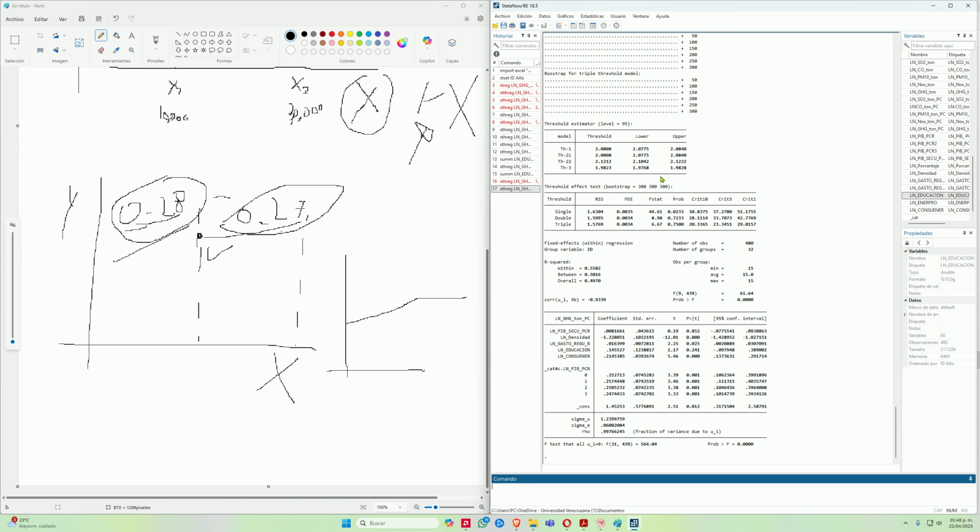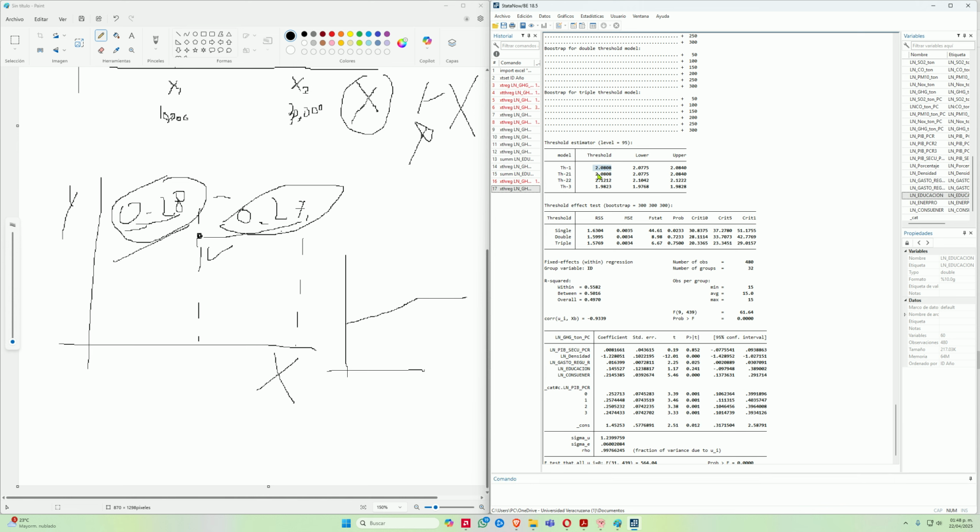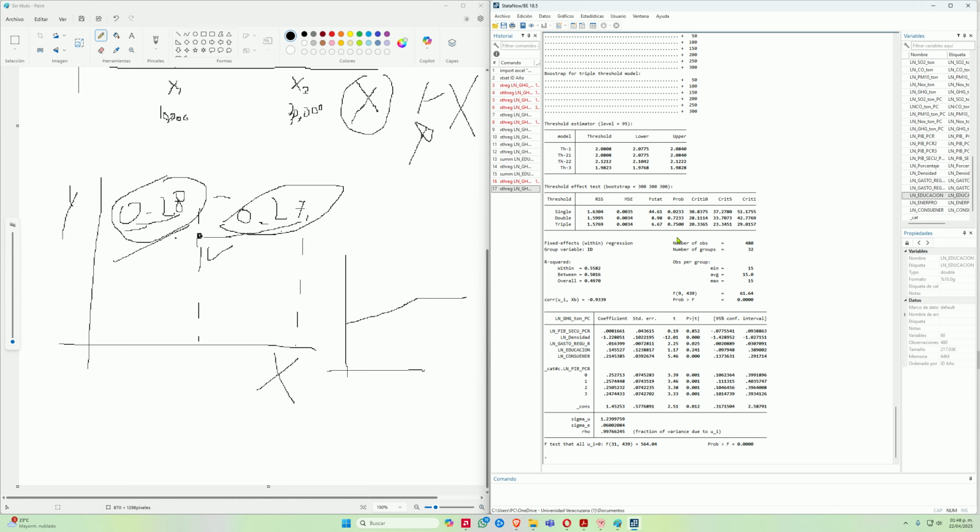Okay, and here we have the thresholds: the first threshold, the second threshold. The values are here, and here. There are three thresholds, but the threshold test indicates that only one threshold is real. If we put more in our model, it's wrong. Why? Because according to the p-value of the double threshold test, this threshold is not real. But one threshold is true.